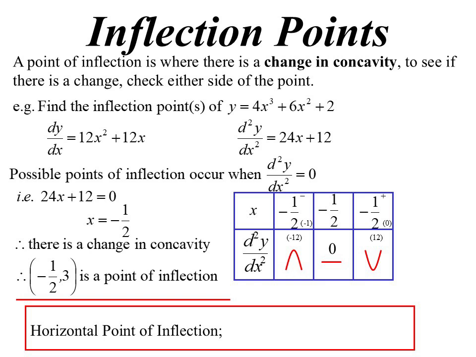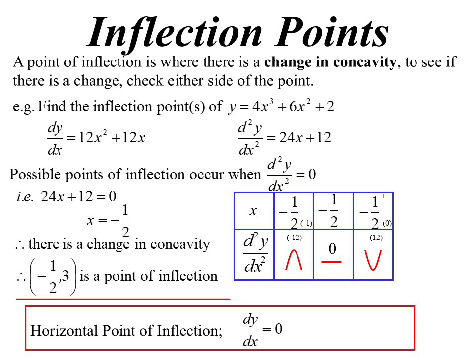If you look at the cubic, you can kind of see it's a horizontal point of inflection. You could imagine someone sitting on that and going, yeah, right, let's ride the cubic. But in 3 dimensions you'd see it more obviously, and we tend not to use the word saddle points in 2 dimensions, so we just say they're horizontal points of inflection, but they are technically saddle points as well.